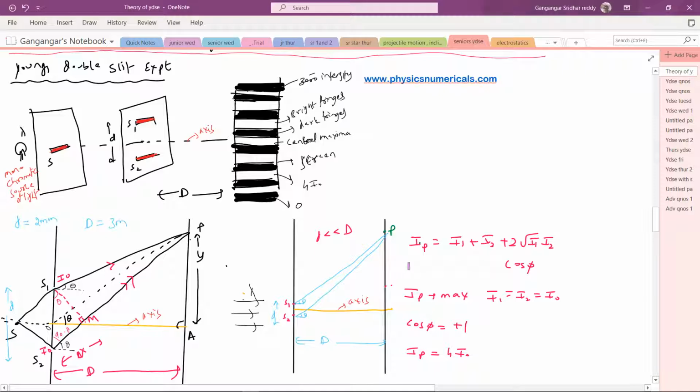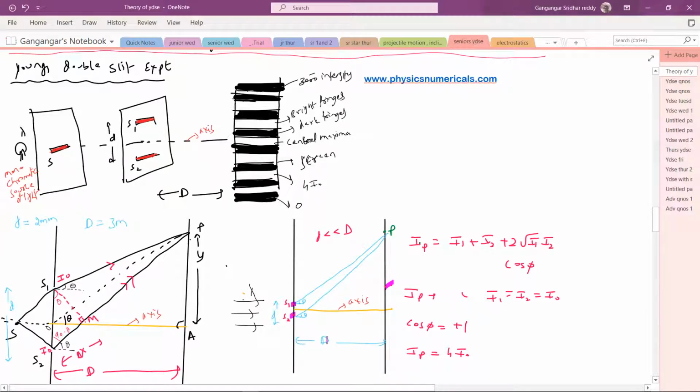So what is I naught? Let I naught be the intensity on the screen due to the slit S1. And similarly, let I naught be the intensity on the screen due to slit S2.